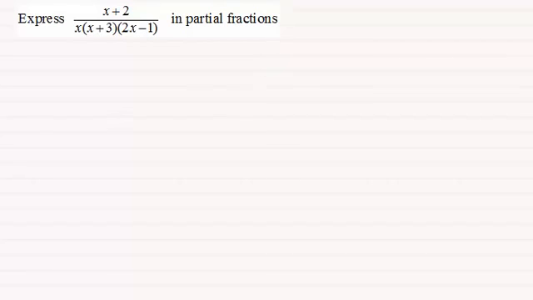Okay, welcome back then if you had a go. Well, with something like this, we'll just start by copying the fraction down. What we've got in the denominator here is 3 linear factors.